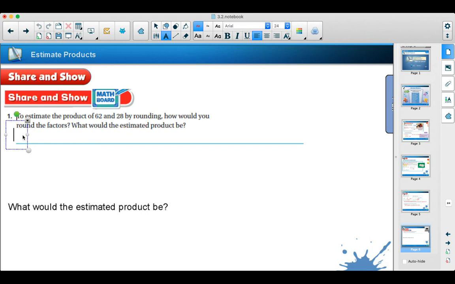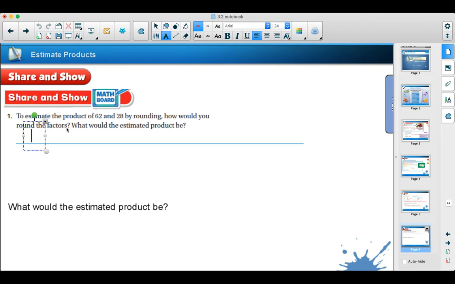Okay, the last question we're going to work on today during this video is to estimate the product of 62 and 28 by rounding. How would you round the factors? I'm going to round each factor using rounding and mental math.